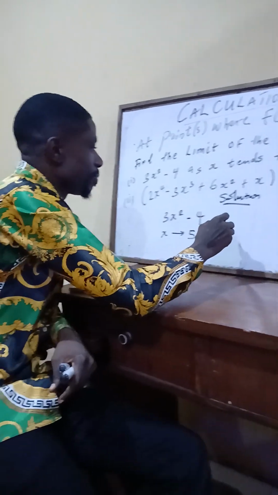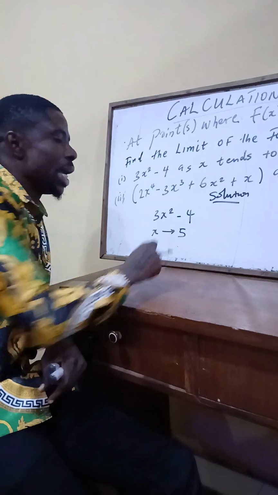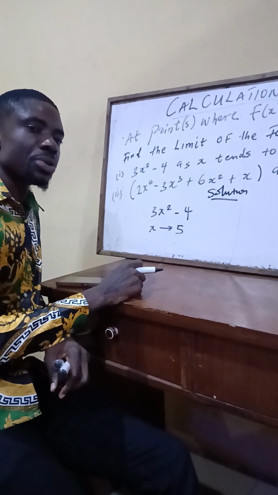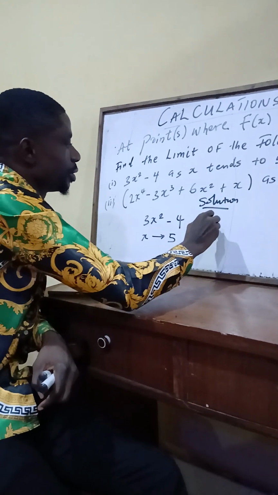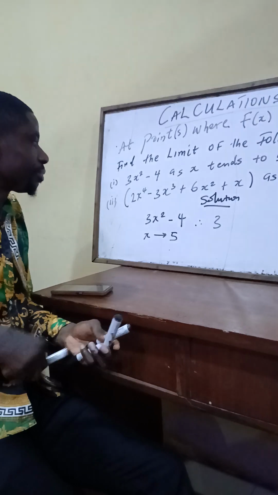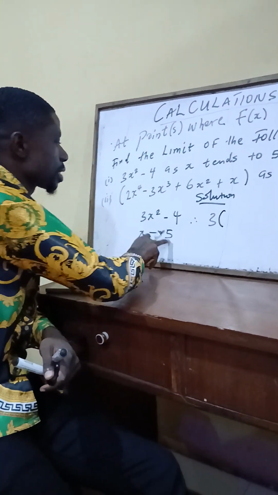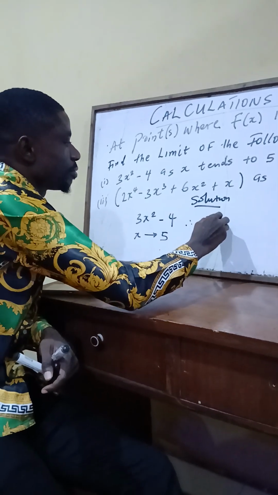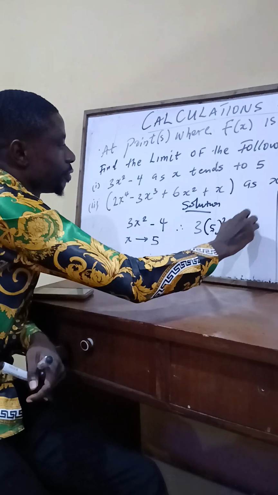So by saying when your x is equal to 5, then any place you see x, we substitute with 5. So therefore, you have 3, then into, this is my x, I replace it with 5. We have 5 all squared minus 4.